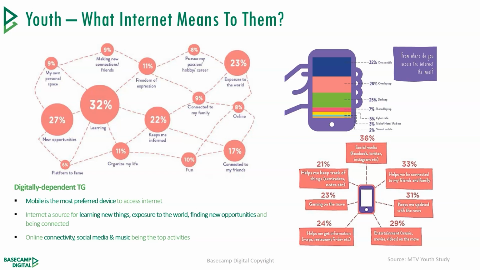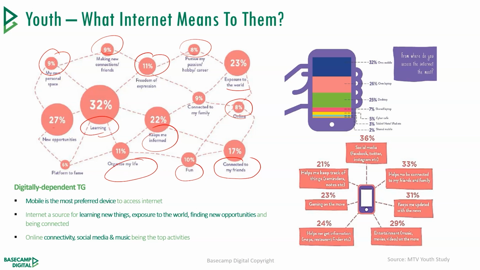So here we are giving a mapping, right? 9% my own personal space, 9% making new connections and friends, 11% freedom of expression, 8% pursue my passion and hobby and career, 23% exposure to the world, 8% surfing online, connected to friends, fun, keeping informed, organizing life, learnings, new opportunities, and a platform for fame, right?